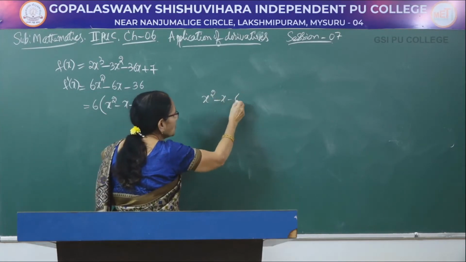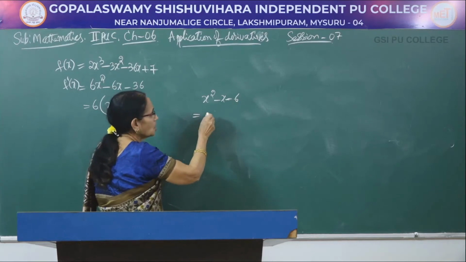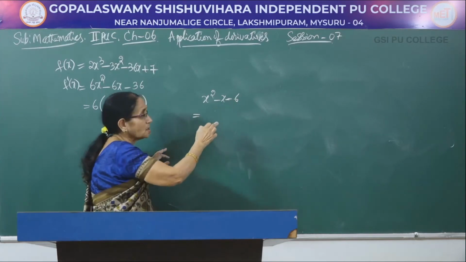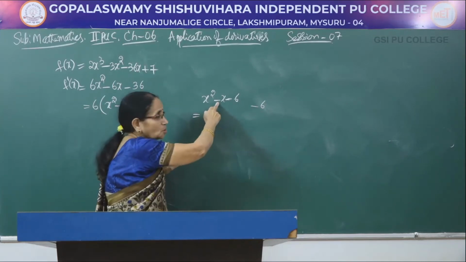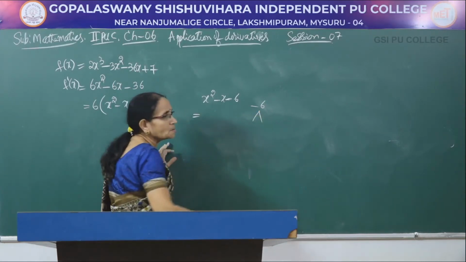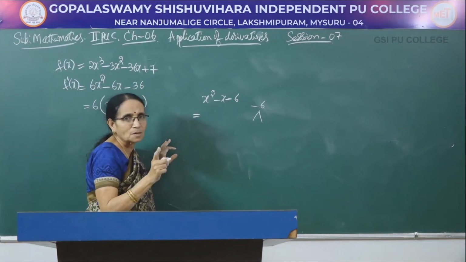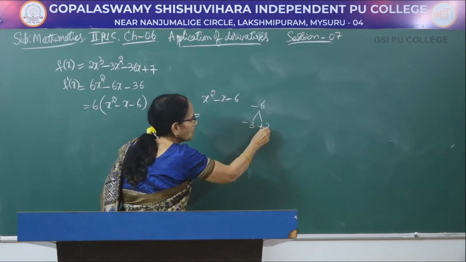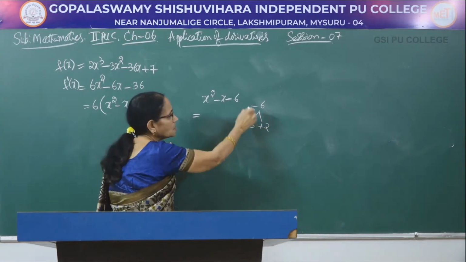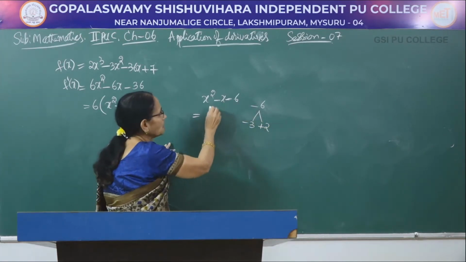x square minus x minus 6. Now you have to factorize here. Look at this number minus 6. The middle number is minus 1. So you have to split this number in such a way the product is minus 6, the sum is minus 1. If you split it as minus 3 plus 2, when you multiply, minus 6, when you add, minus 1.